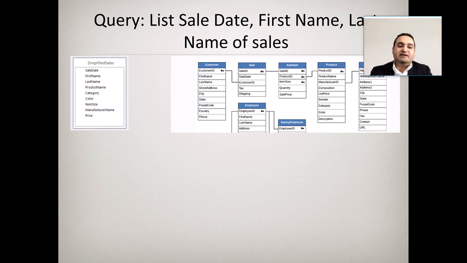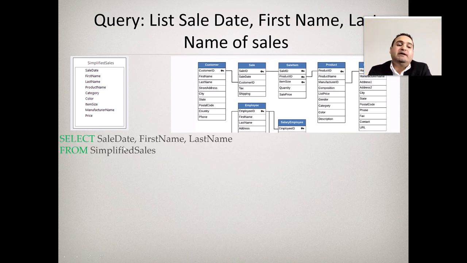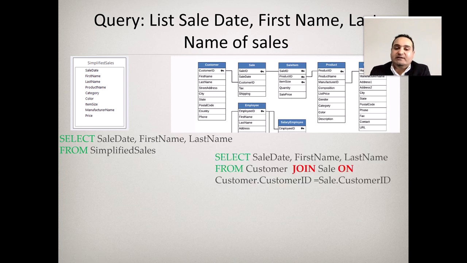So let's look at how the query was when we retrieved the data from only one table. This is how we wrote it in the previous lecture. But now, if we are retrieving the same query from multiple tables, we will need to join those two tables. It's the same thing.